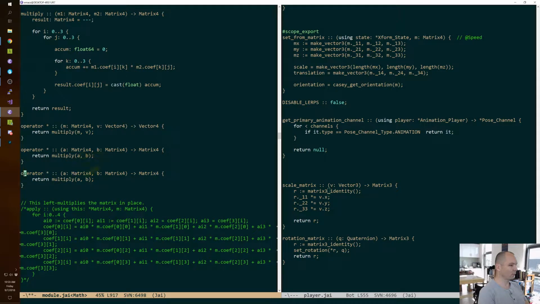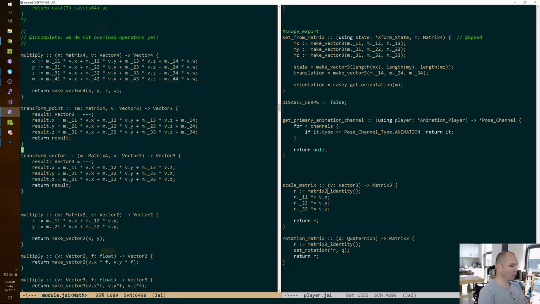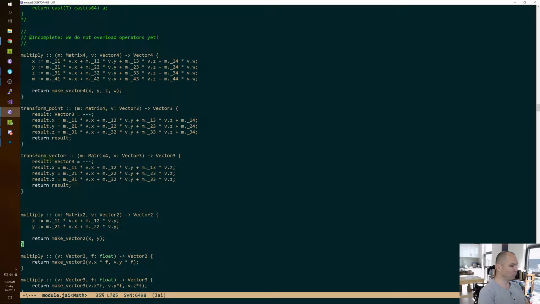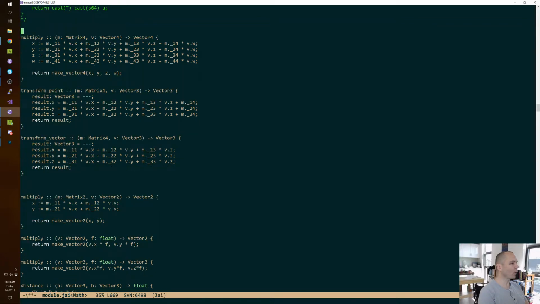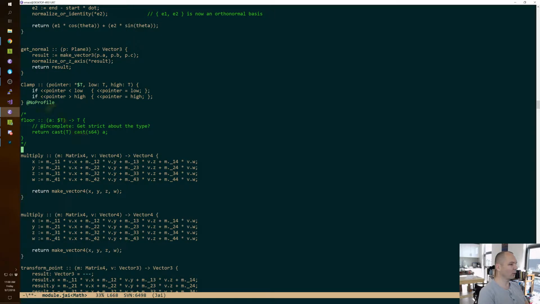All right. So we have matrix, vector, blah, blah, blah. Okay, this is matrix 4 by 4. We totally overload operators now. Boy, that's an old comment. We've had operator overloading for a really long time.